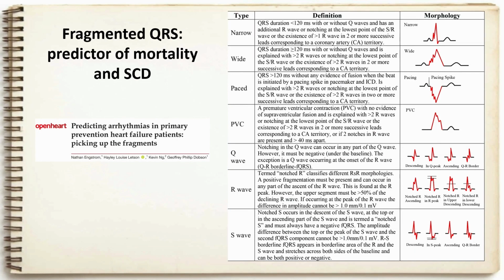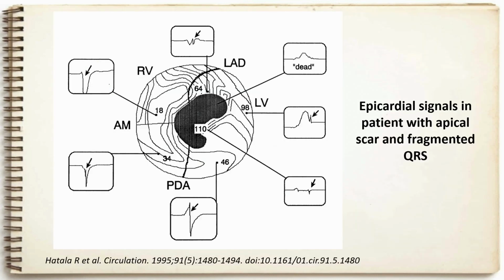Fragmented QRS is a predictor of mortality, which is well known. All clinicians know very well these kinds of QRS patterns with notchings and slurs. However, they are very variable, and we do not have until now a really high-quality analysis linking these fragmented, notched QRS complexes to the risk of sudden cardiac death.